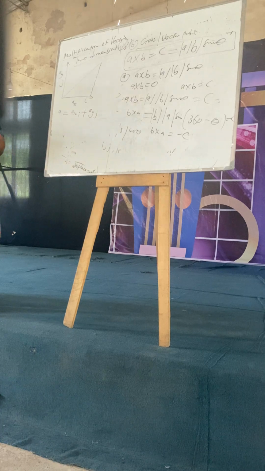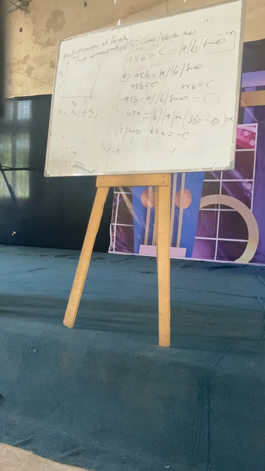Here, if we want to calculate, we can also calculate Ax and Ay, which I told you. We've already talked about the formula. Ax can also be given by A cos theta, and Ay can also be given by A sin theta.